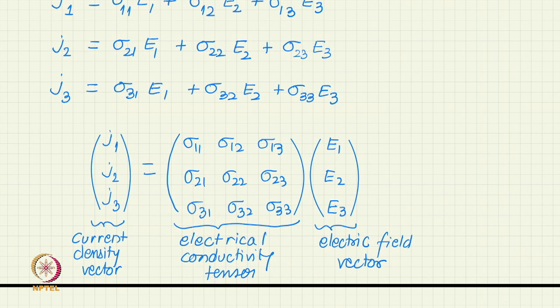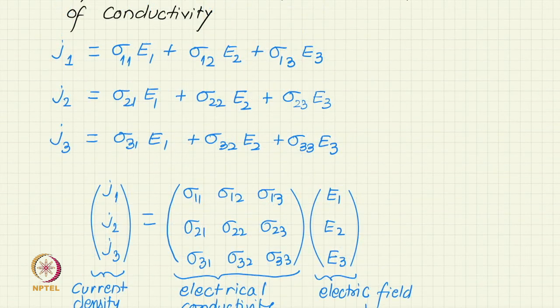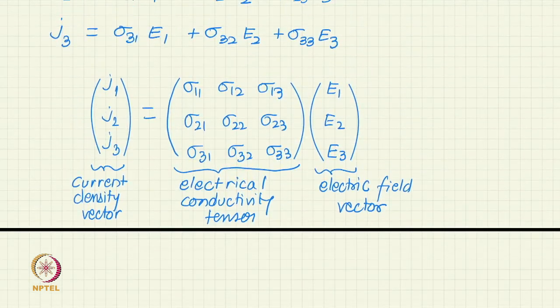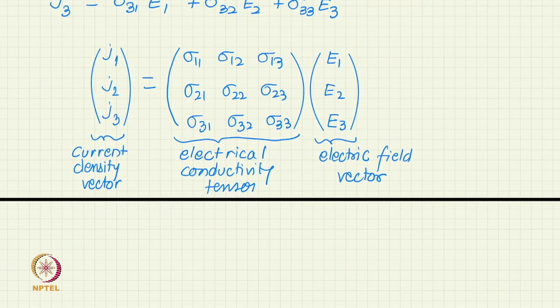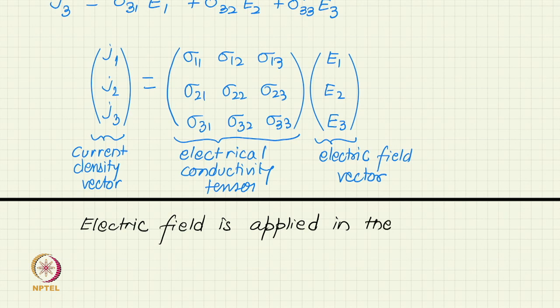Now, let us look at the physical interpretation of these quantities. So, suppose we apply only an electric field, as a special case, in the x direction.